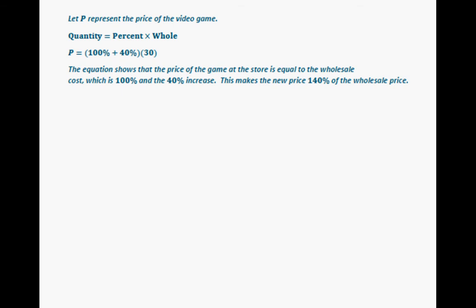It's just since we still have it in percent form, 1 is 100% and m is 40% for our markup. So it'd be 100% plus 40% and then that quantity times 30. So the equation shows that the price of the game at the store is equal to the wholesale cost, which is 100%, and a 40% increase. This makes the new price 140% of the wholesale price.